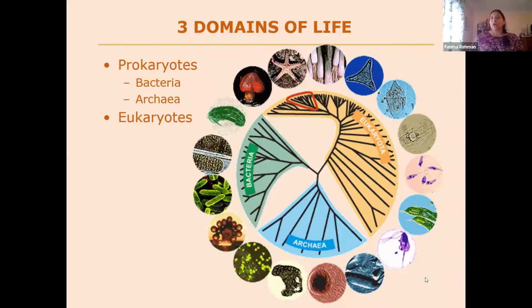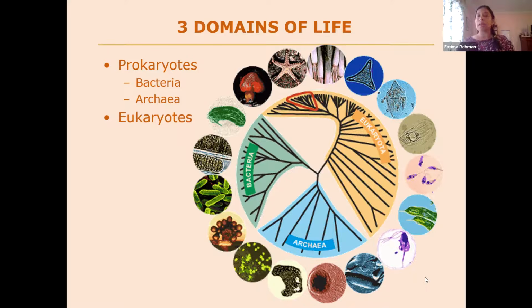Okay, so next thing we're going to talk about now that we've looked inside the cell is the various types of life that's present and what are the differences between the cells that come in each one of those domains of life. So if you look at all the organisms, all the life that is present on Earth, they can be divided into two main categories first, prokaryotes versus eukaryotes. Prokaryotes, if you translate it, simply means before the nucleus or before that central structure.